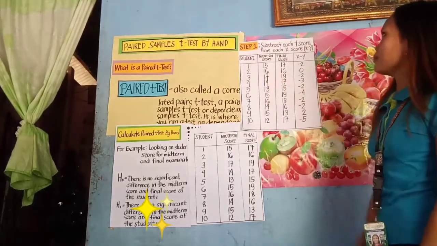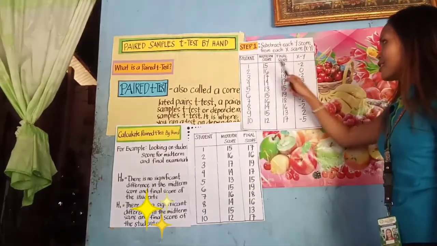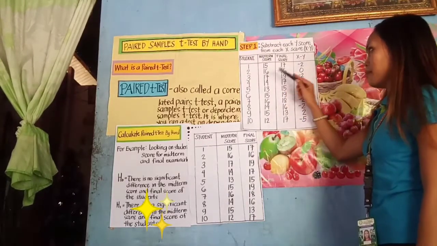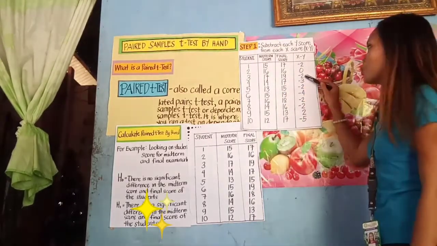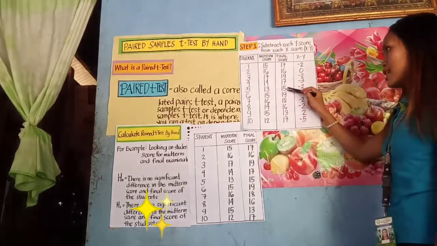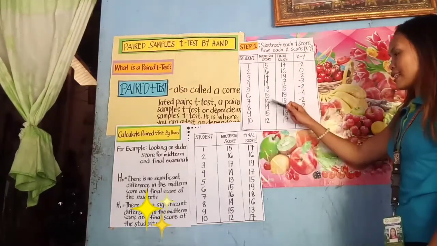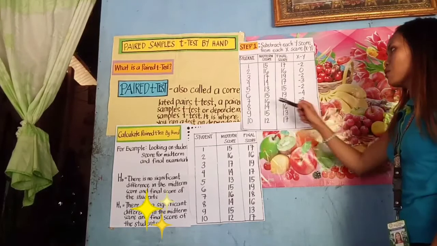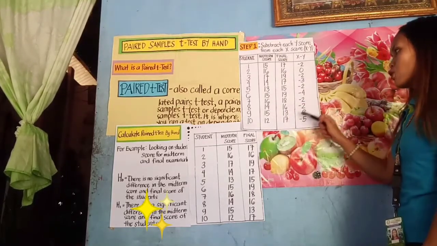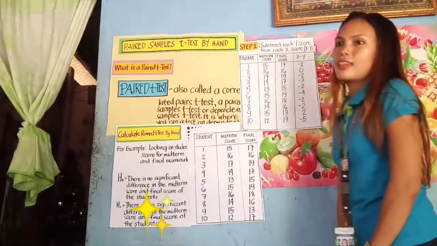So, student 1, 15 minus 17 is equal to negative 2, 16 minus 16 is equal to 0, 17 minus 19, negative 2, 14 minus 17, negative 3, 13 minus 15, negative 2, 15 minus 19, negative 4, 16 minus 18, negative 2, 14 minus 16, negative 2, 15 minus 13, 2, and 12 minus 17 is negative 5.